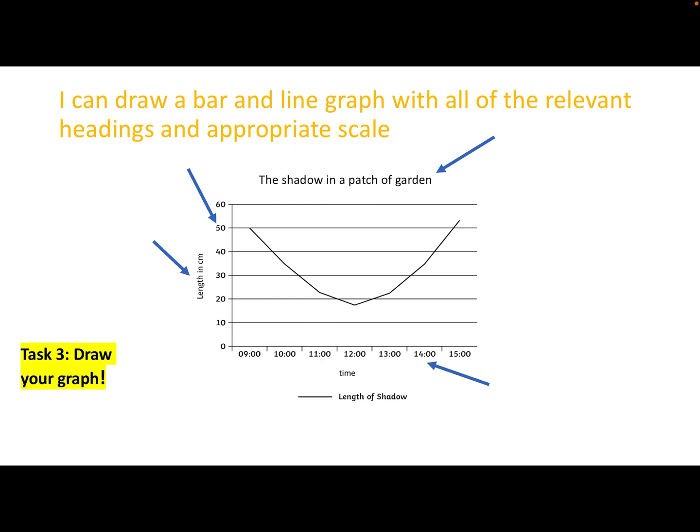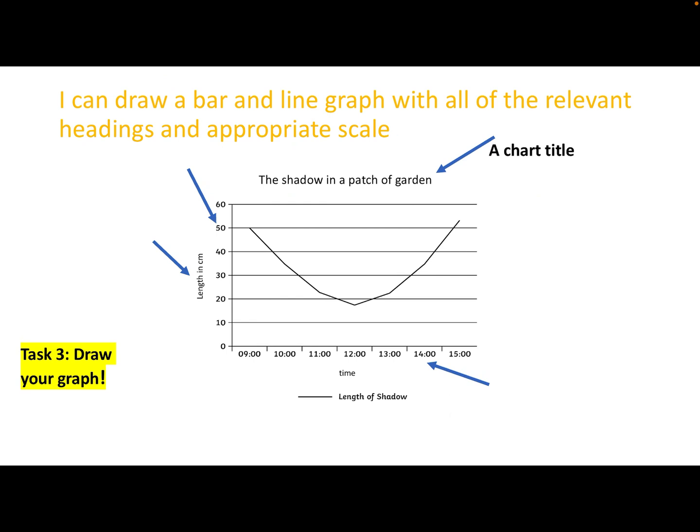And the hardest one to do would be the line graph. So if you want to take that challenge, go for it. So if you want to record data of something over time, then you want to put that into a line graph. So remember, I showed you this one where it was how much shadow was over a patch of garden over time. So you need to have your chart title.